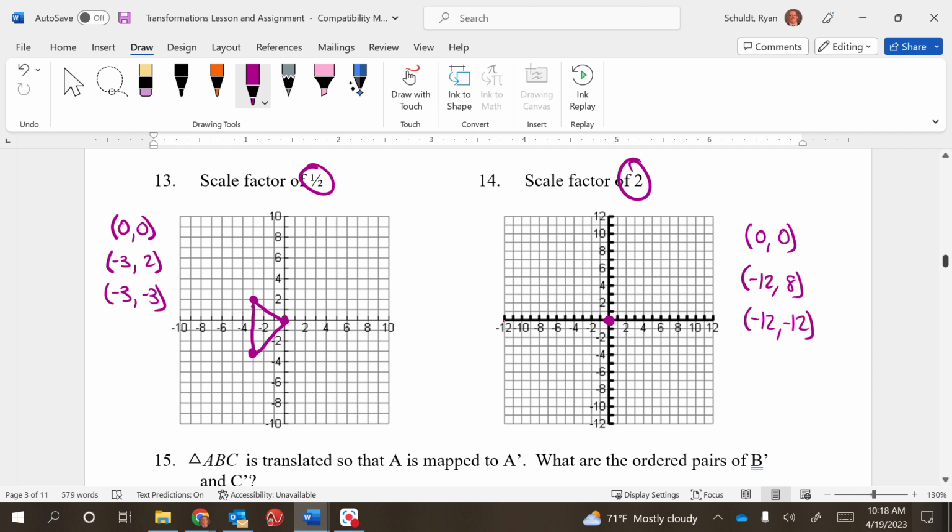Negative 12's all the way out up to 8. Negative 12, negative 12. So that's when we blew up. That looks terrible. Still looks terrible, but that's what we're going with.